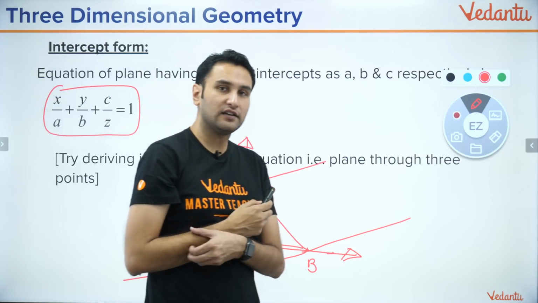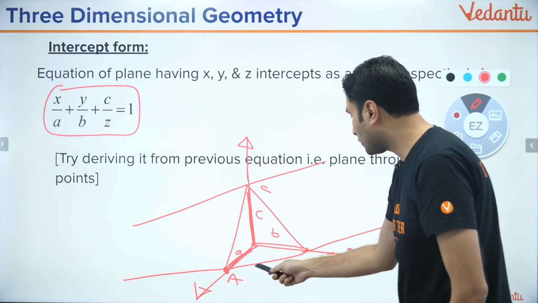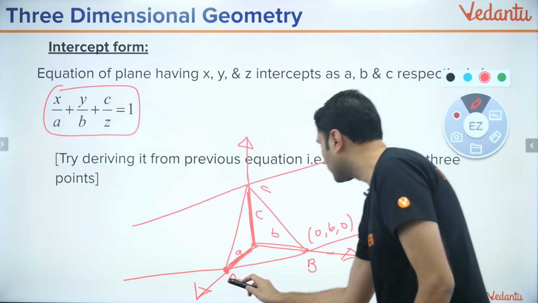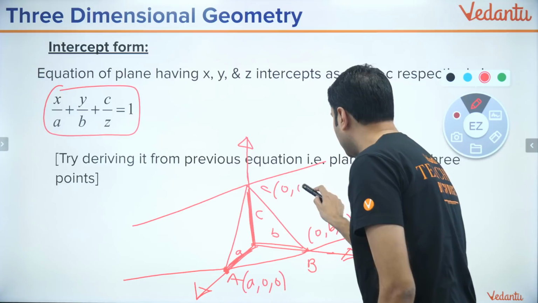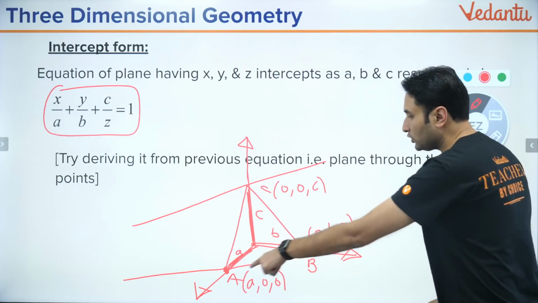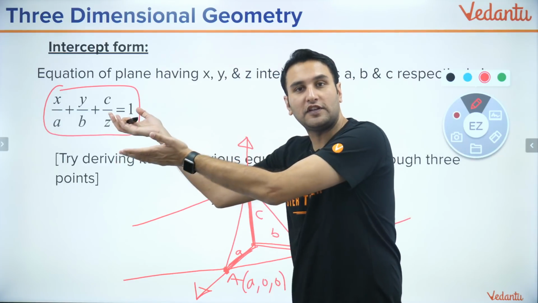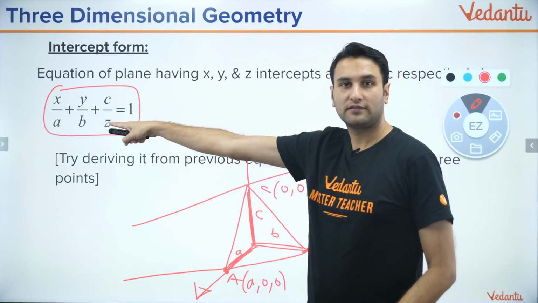ये कहाँ से आया? How did it come? Exactly from the previous point. क्योंकि आपको 3 points पता है. आपको points क्या पता है? (A, 0, 0), (0, B, 0), (0, 0, C). You know 3 points which lie on the plane, exactly the previous page. When you solve that determinant, you will get this equation. है ना?